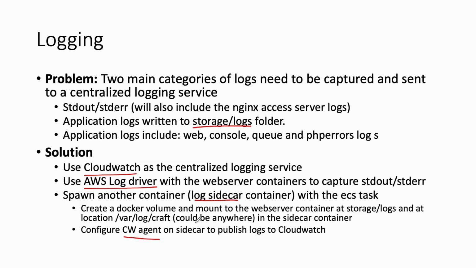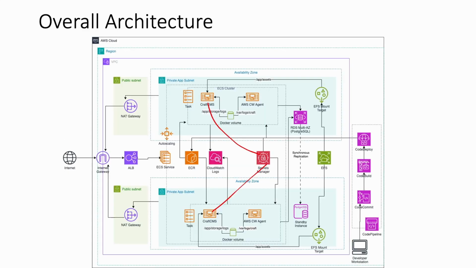Okay, so let's go to the diagram and get a better understanding of how this would be implemented. Here you are seeing the ECS task, and this is the main Craft CMS container, the web server, and this is the log sidecar container, which has the CloudWatch agent installed.